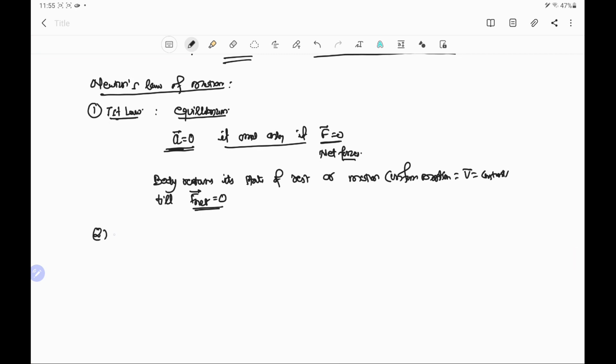The second law of motion is: if a body is accelerated, in that case, acceleration will be given by F by m, or we can write it as F equal to ma.